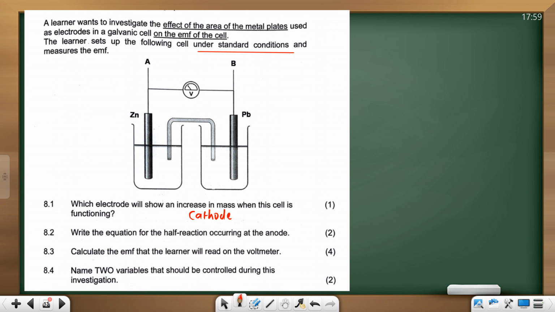Remember, the first one you find. So which one? 4B.